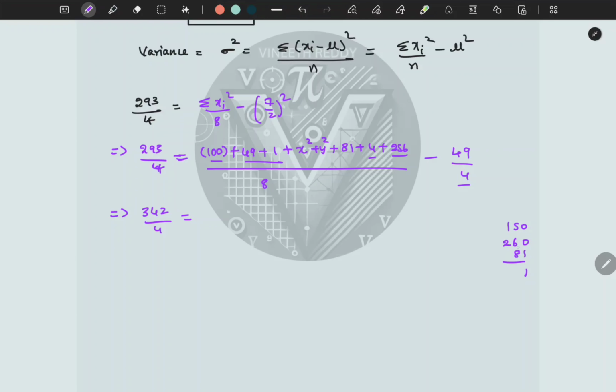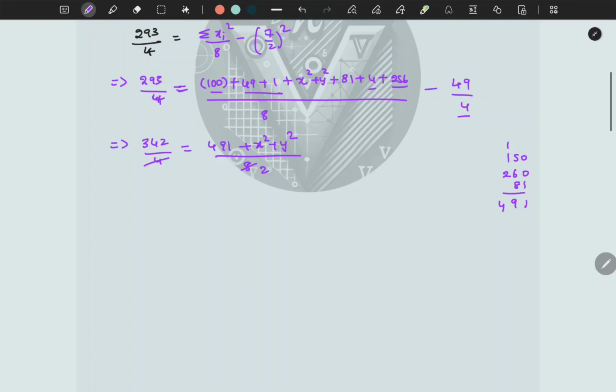So 6 plus 8 is 14, 14 plus 5 is 19, so we have 491 plus x square plus y square divided by 8, right? Correct. Now 342 into 2 will be 684.